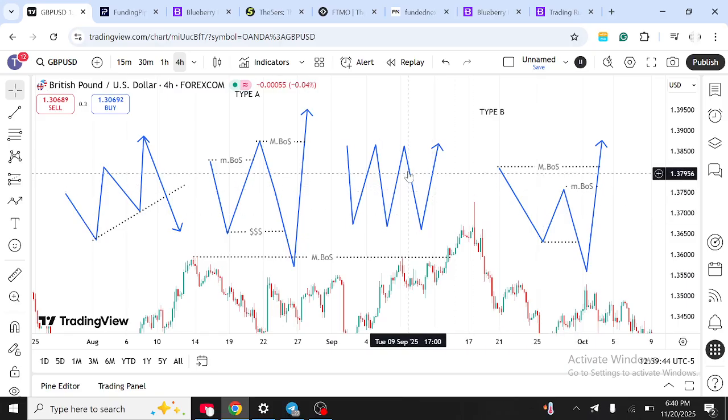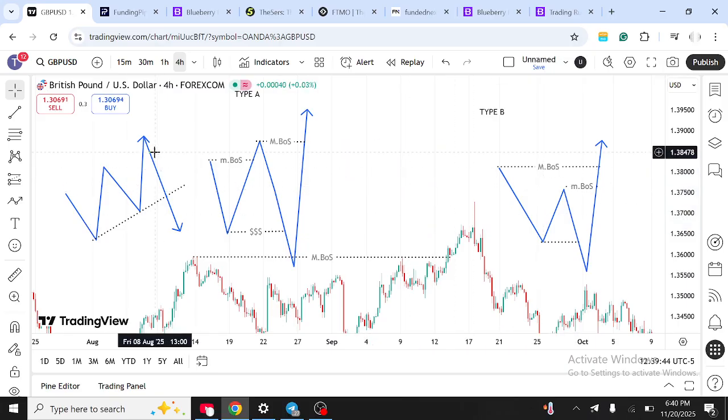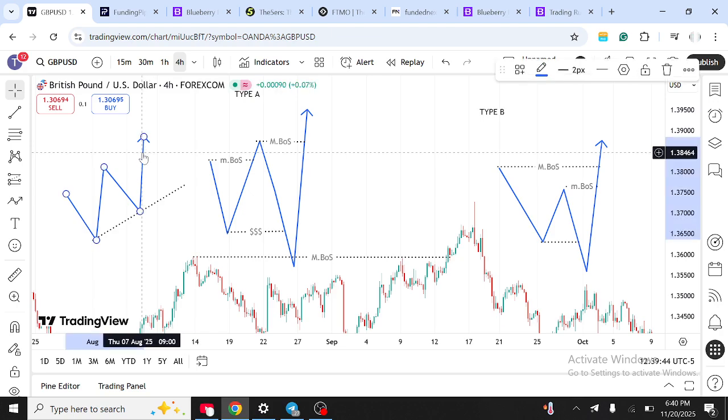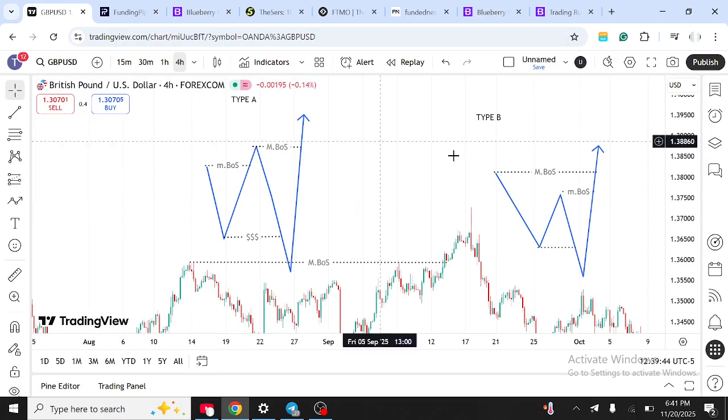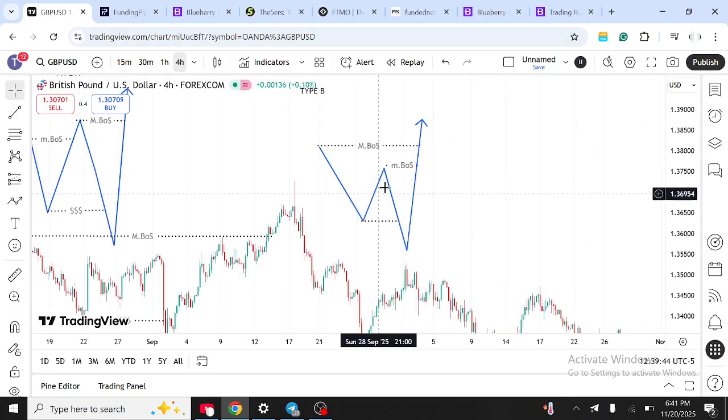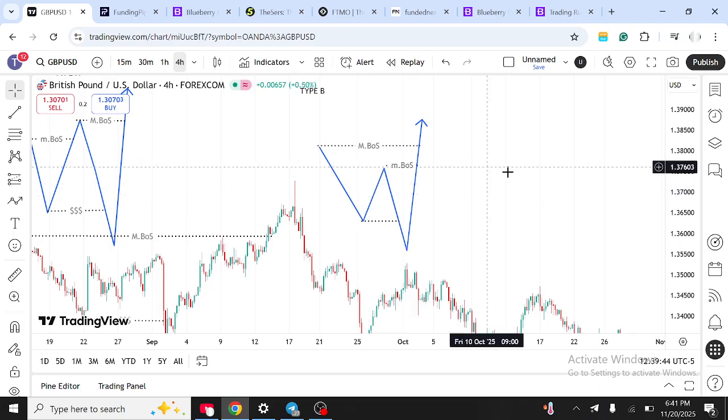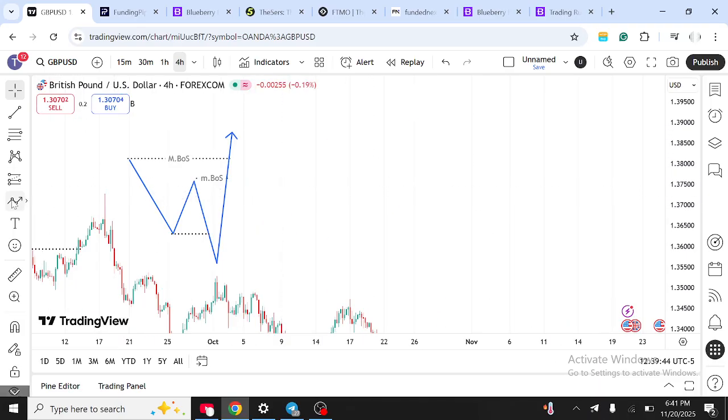So we are not talking about the trend line liquidity concept and the ranging market liquidity concept and all those basic ones. We are talking about the advanced ones here, type A and type B. Now for type B, I want to give you two patterns by which it can move. Of course, these are not the only patterns.